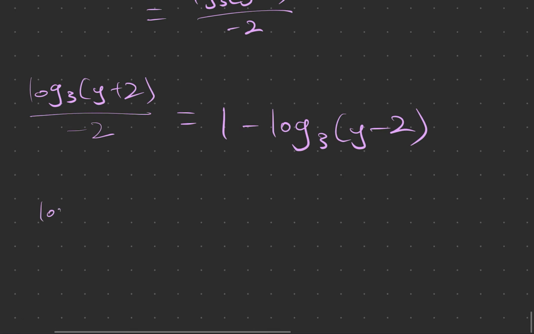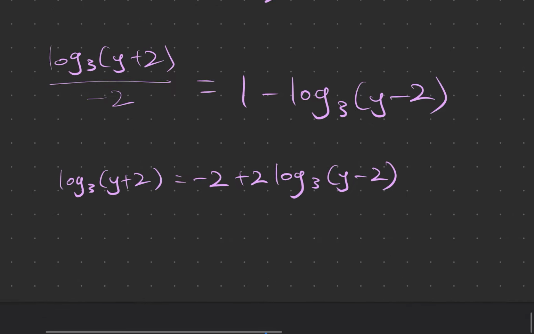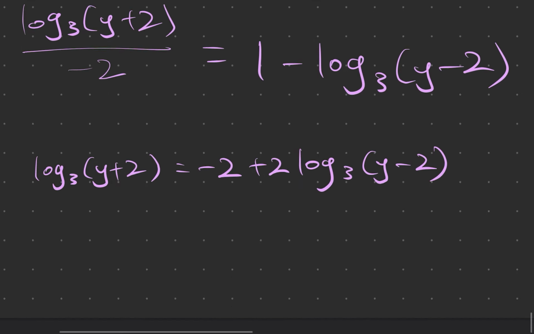So I'll get log base 3 of y plus 2 equals negative 2 plus 2 log base 3 of y minus 2, because when a negative number is multiplied by another negative number, you get a positive number. Now we're going to bring this 2 behind using the power law.